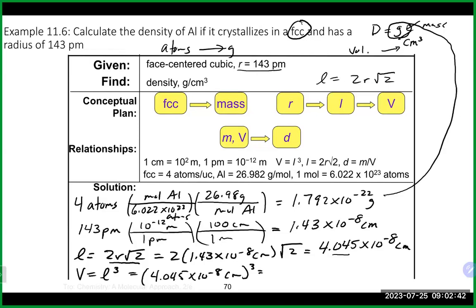There we go. That's going to give me 6.617 times 10 to the minus 23. The units now become cubic centimeters, which is a volume. So that's good.